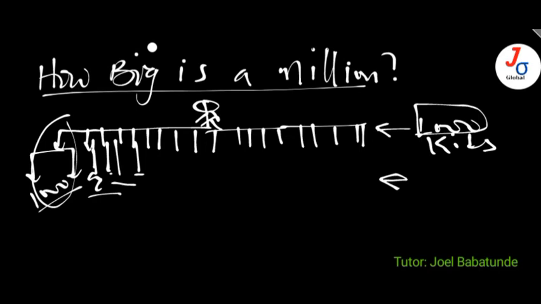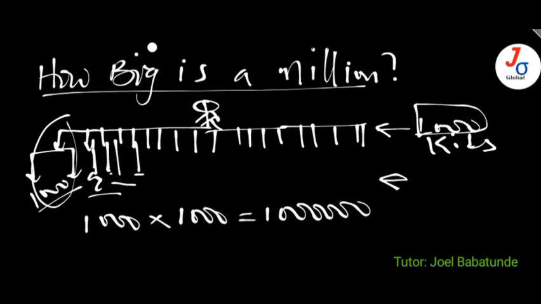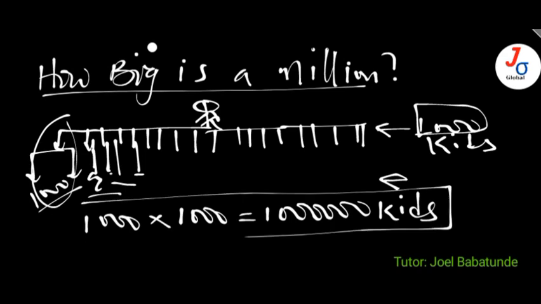The grandchildren would be 1,000 multiplied by 1,000, since each of them is giving birth to 1,000 kids. That gives us about 1 million kids. And so that is how big a million is.